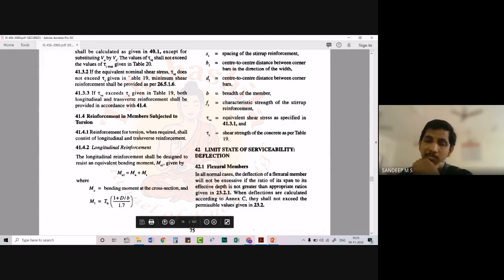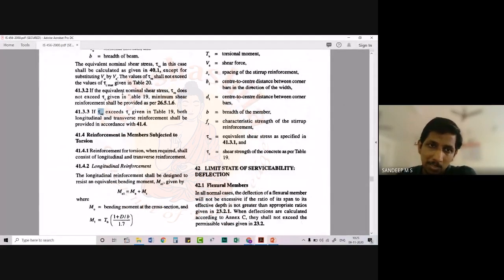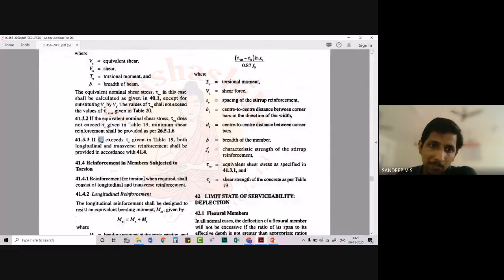So when we design for torsion, first of all, you can check whether longitudinal reinforcement must or must not be designed for torsion. How can you check that? You have to calculate tau VE based on VE.